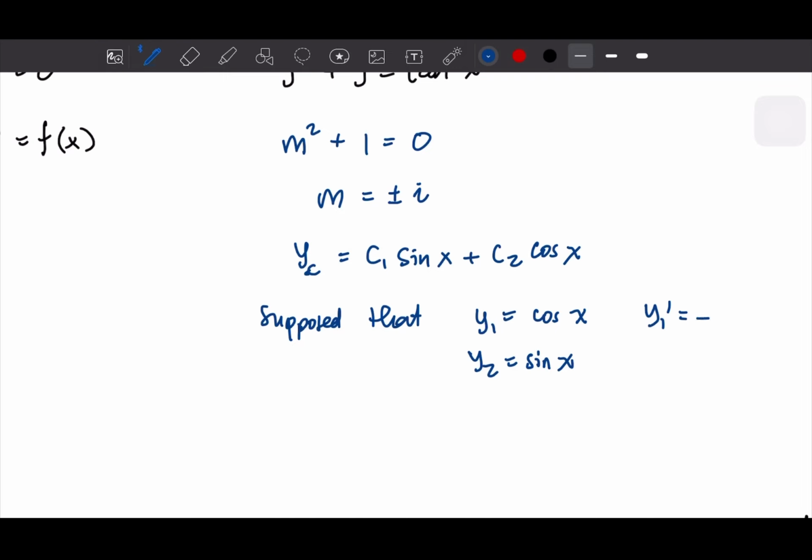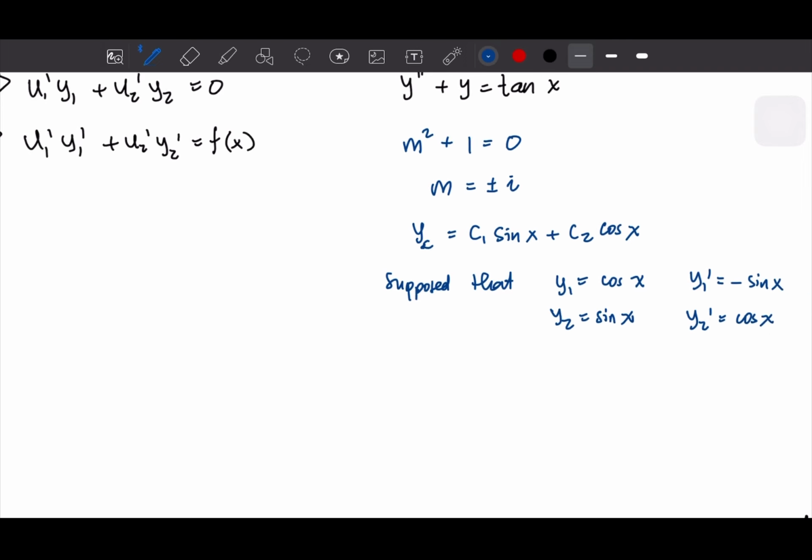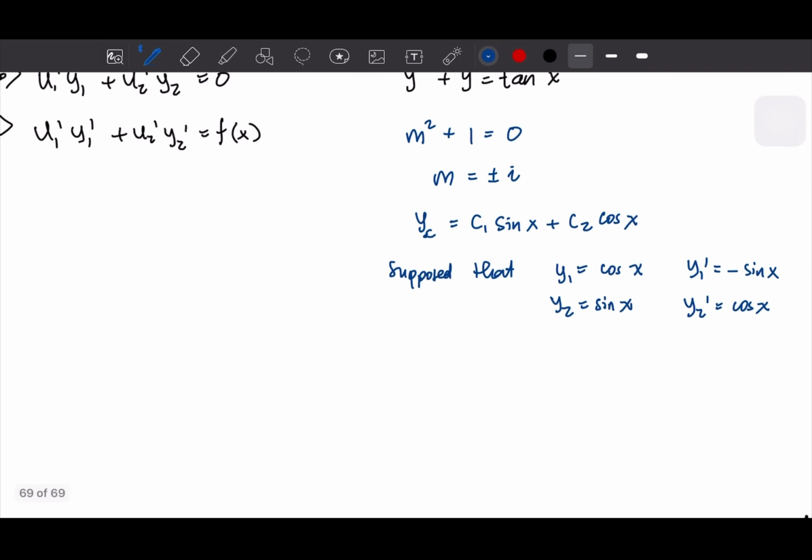So y1 prime will be negative sine x, and y2 prime is cosine x. So u1 and u2 will be the variables. Okay, so we try to check through our equations.